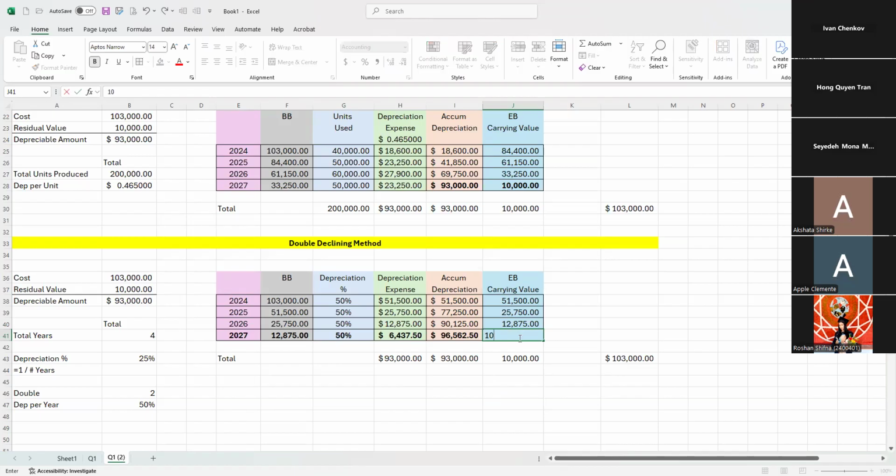So I can override this to 10,000 myself. So what will be my depreciation expense here? From 12,875 to bring me to 10,000, it's 2,875. Now, did I get what I wanted? Yes. Make sense?